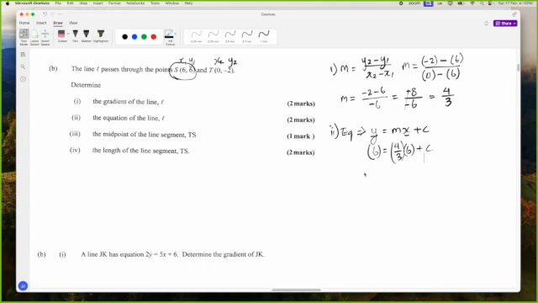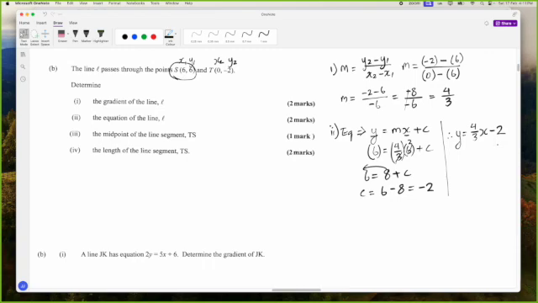So that means that 6 is equal to 4 over 3 times 6: 3 into 3 is 1, 3 into 6 is 2, so 4 2s are 8, plus c. And I throw across the 8. So c will be 6 minus 8, which is minus 2. So therefore, the equation is y is equal to 4 over 3 x minus 2. That is the equation of the line L.